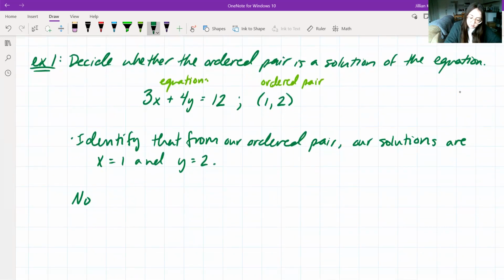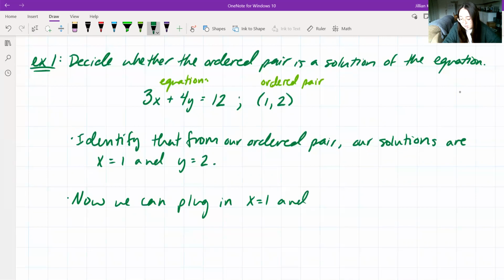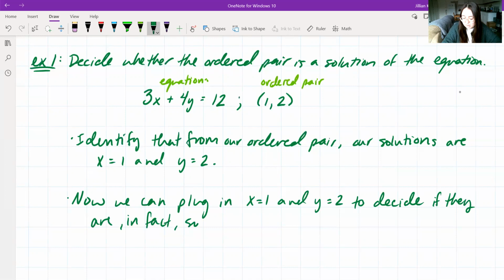So now we can make little notes here. Now you can plug in x equals 1 and y equals 2 to decide if they are, in fact, solutions to our equation.